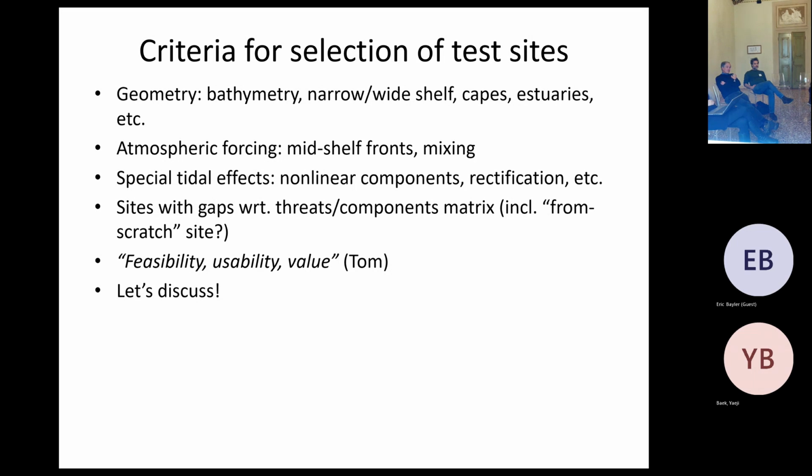Just say anything about this. And among the list, I would say that there are two things what I've written, and we should choose the test sites according to the sort of classification of the sites.